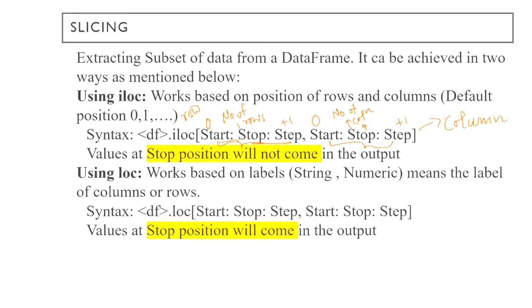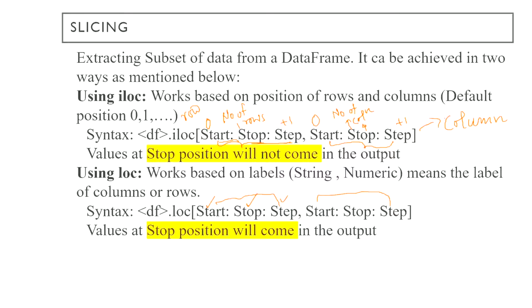Now, in case of loc, it works based on position, numeric or alphanumeric or string, based on labels. It works based on labels. Here also you see start, stop, and step. Here also the same thing. The first three are for rows, and this one is for columns. How this works, I'll explain in the next video.